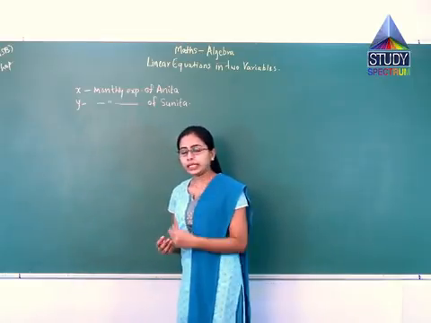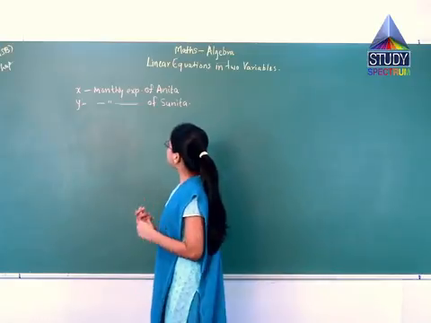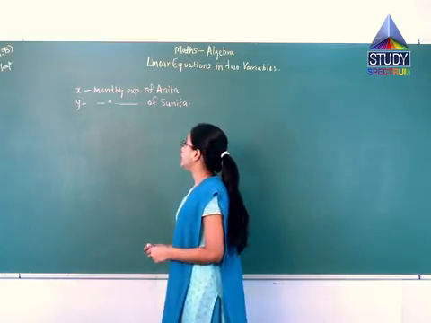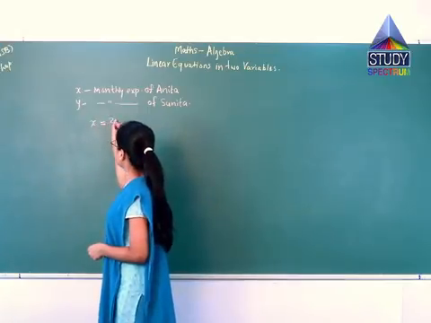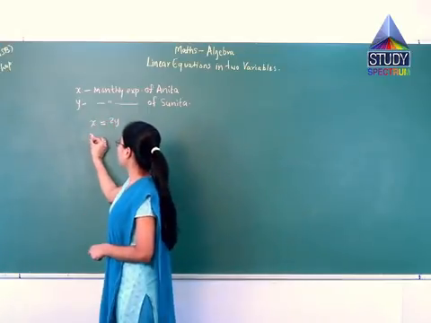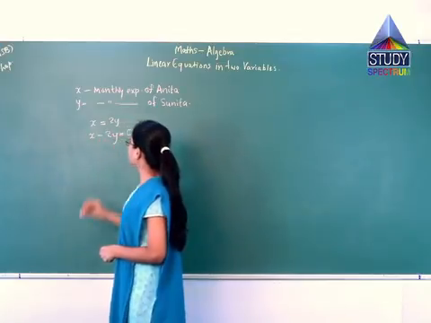Then suppose we are saying the expenditure of Sunita is double of Anita, means x is equal to 2y, which we can also write as x minus 2y is equal to 0.